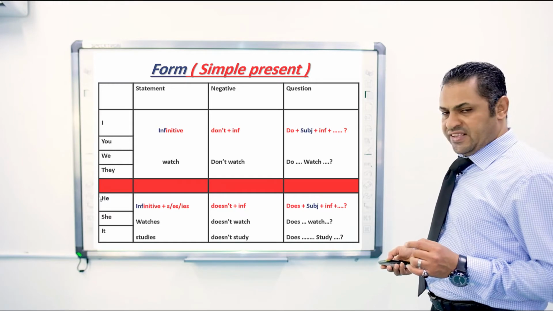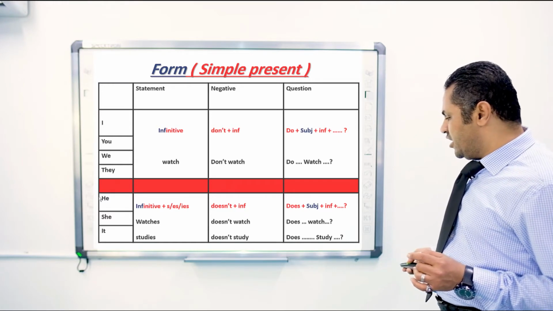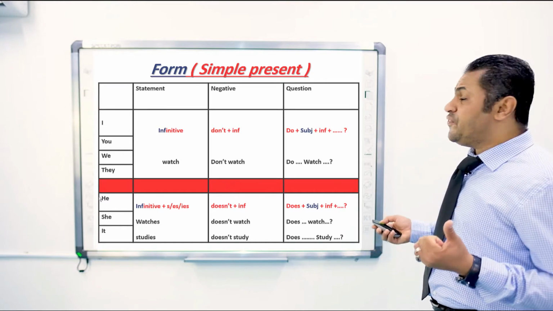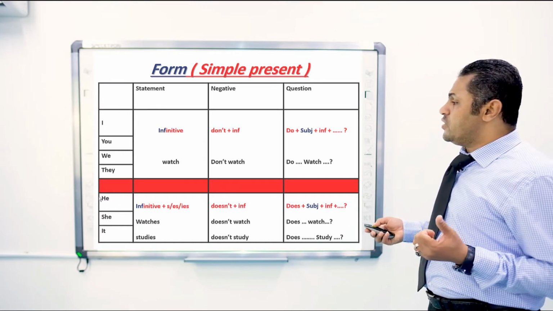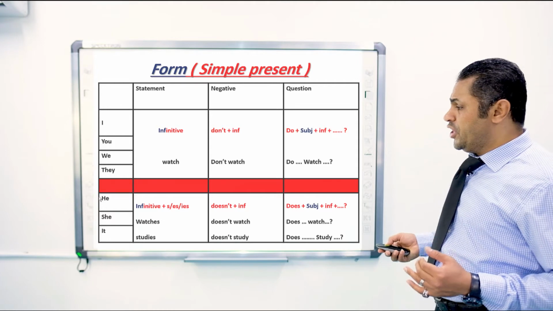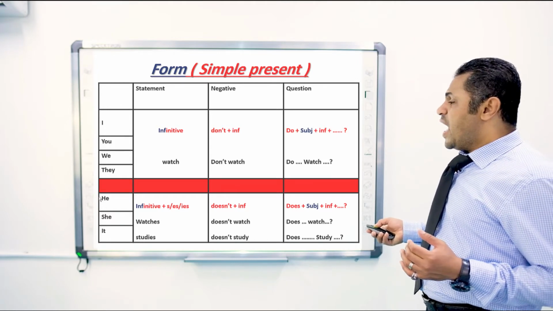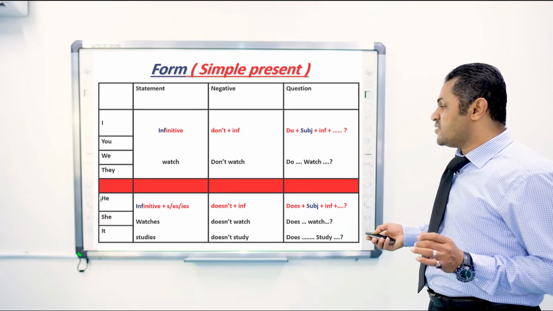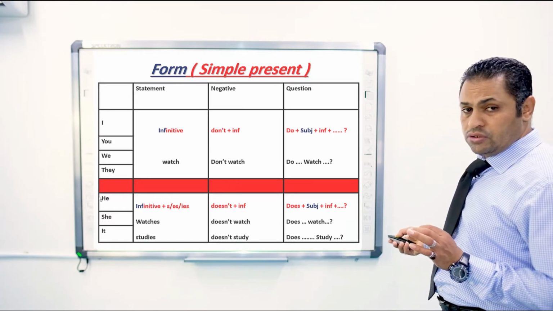Watches, we add es. Studies, we have omitted the letter y and added ies. But in negative form, the infinitive with I, you, we, and they has the negative with don't and the infinitive, such as don't watch.